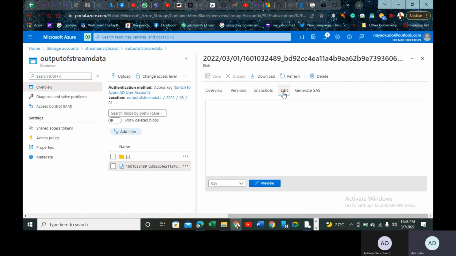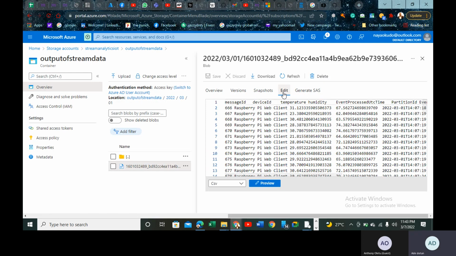In your edit, that's where you see how those data are doing. Here you can see what sort of data we even collect. Number one, you are collecting message ID, then device ID, then temperature, humidity.